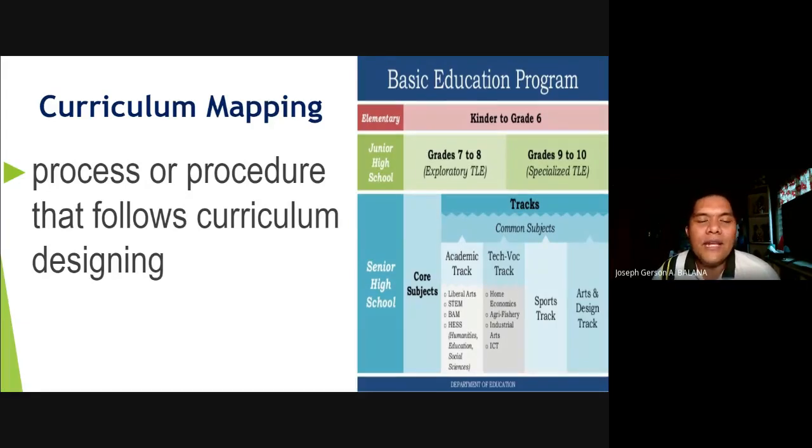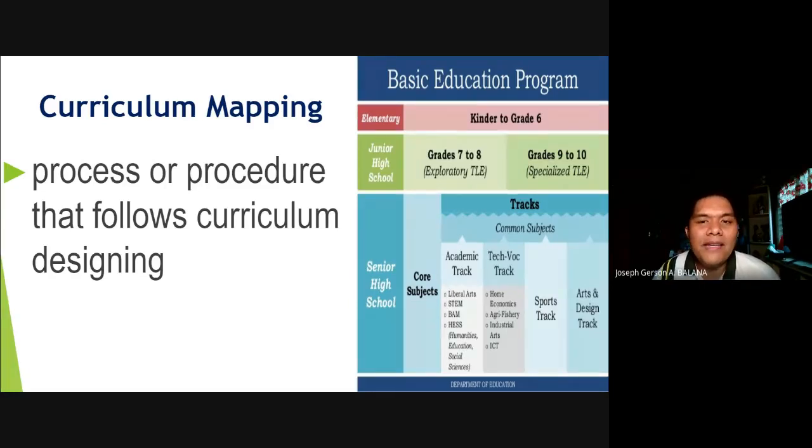Now, once a curriculum is already mapped, once a curriculum is already crafted as a finished product by the writers of the national government. Now, the design is actually part of the curriculum planning and designing stage. But how are you going to connect the design to the implementation? Because right after planning and then designing, you proceed to implementing.